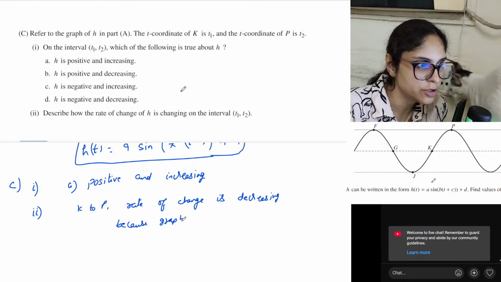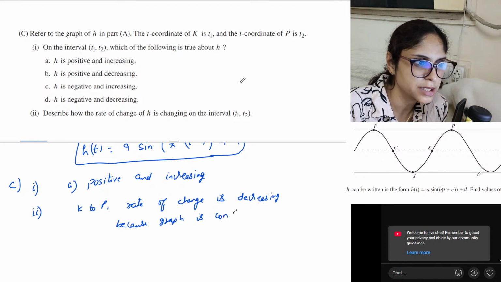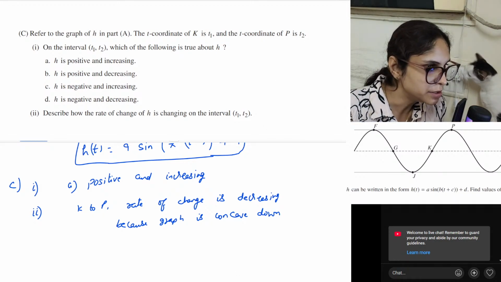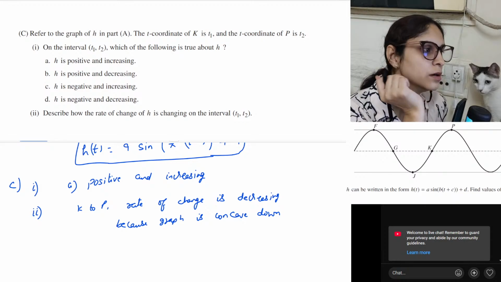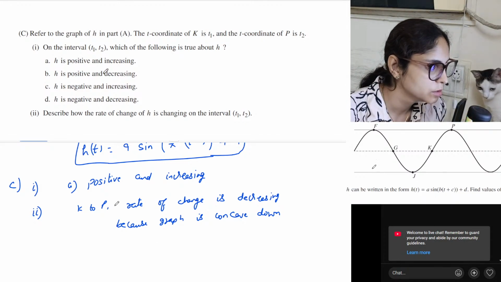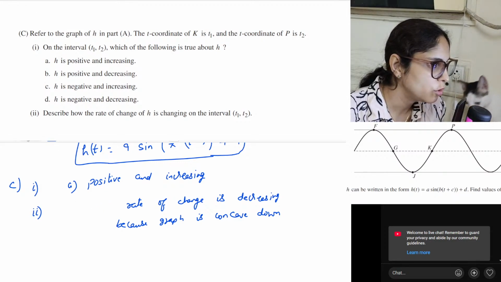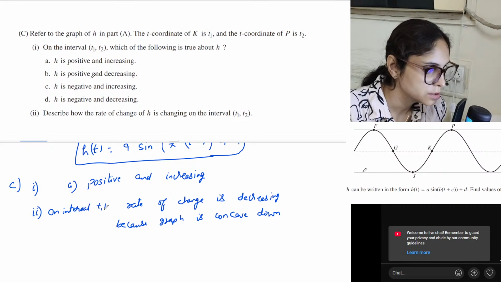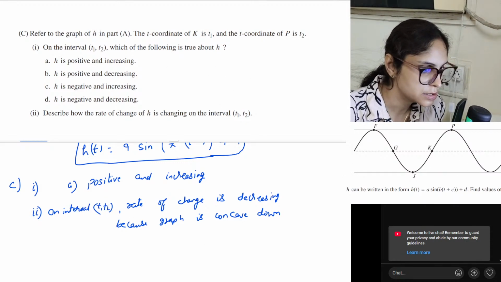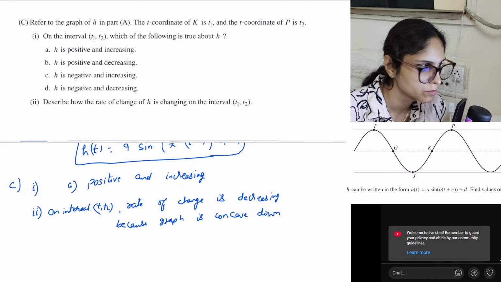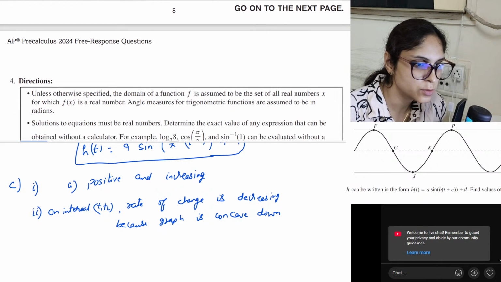If it were concave up, then the rate of change would be increasing. So on interval t1 to t2, rate of change is decreasing. So the third part is also done. And with this, question number 3 is done.